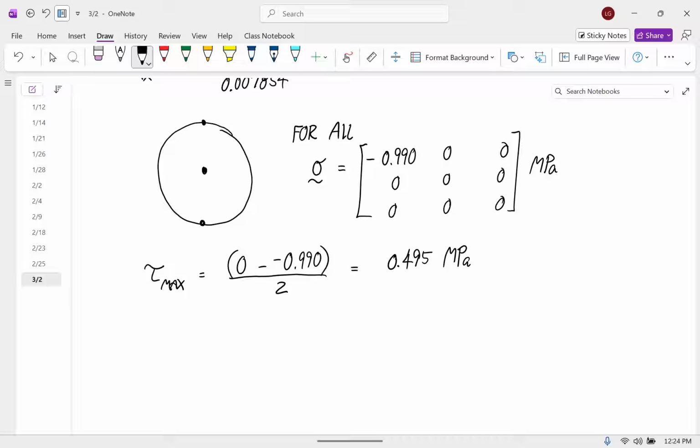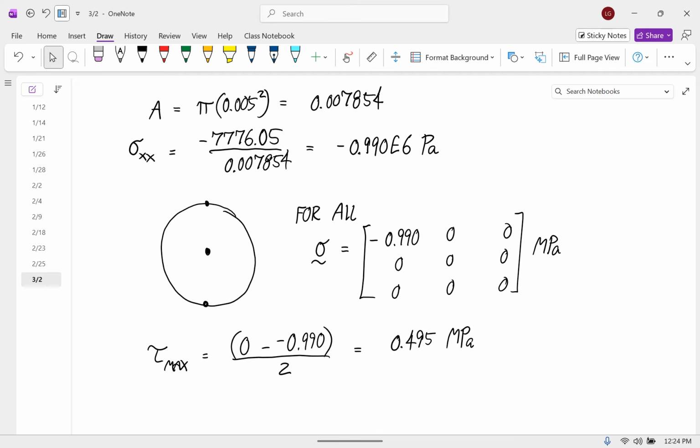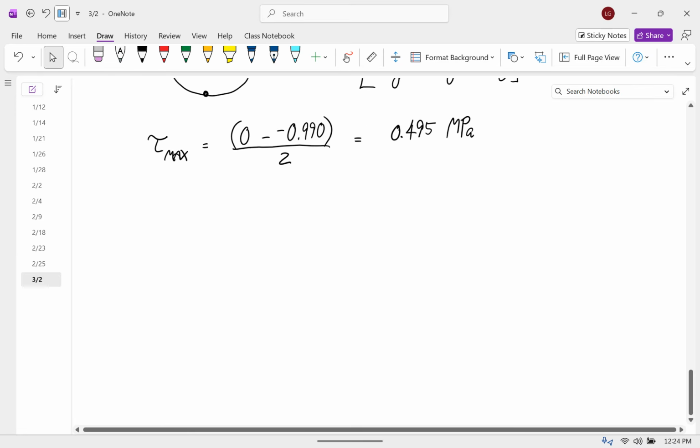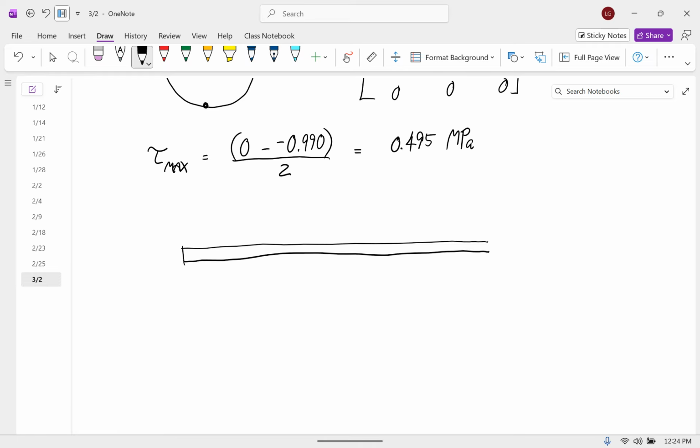And how did you figure out that they were all equal? Well, we just haven't even talked about it. That's just not something that's ever come up before. What we're assuming, remember, is we're doing these calculations assuming this member like this, and it's being acted on by uniform distributed loads like this.